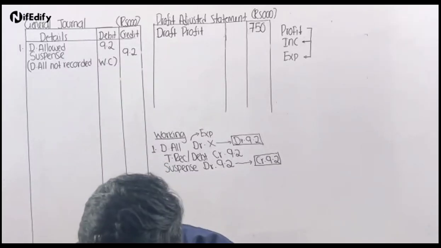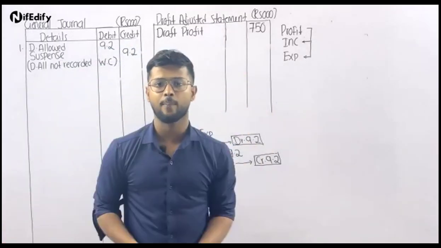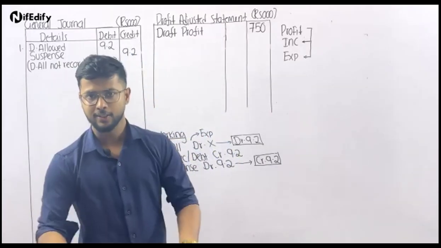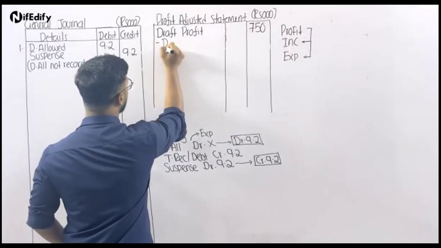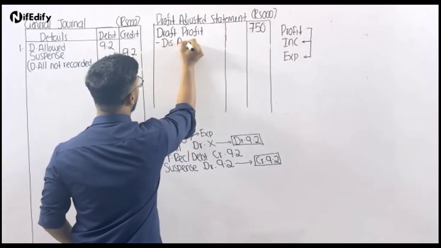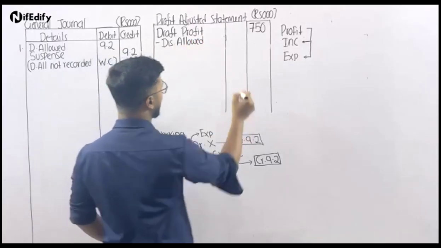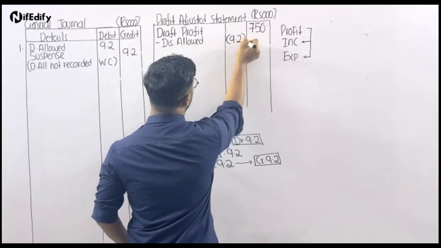The profit is increased. The profit has obviously gone up. Now what are you supposed to do? Bring it down. So bring down the discount allowed, the 9.2.